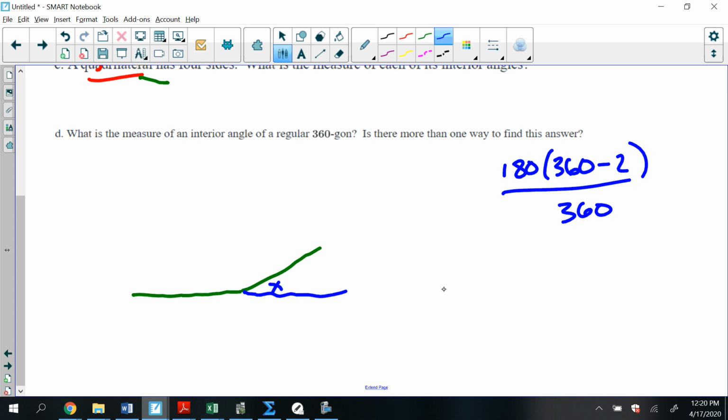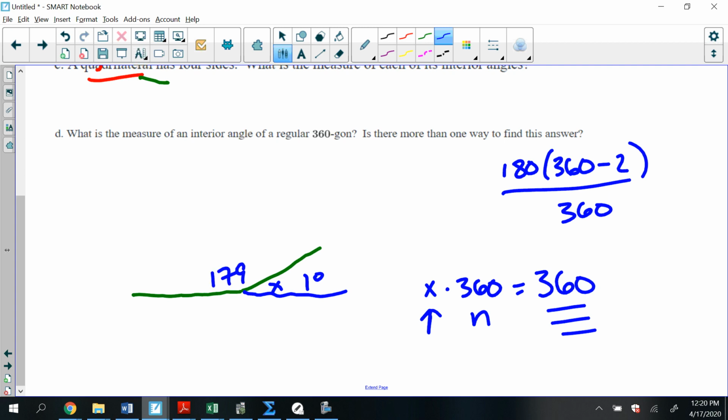For the 360-gon, I know how many sides, so x times 360 equals 360. The sum of the exteriors has to equal 360. I'm going to take how big the angle is times the number of sides. That was our equation from the sum of the exteriors. We'll just divide by 360, x equals 1. The exterior would be 1 degree. That makes this 179 degrees. And if you calculate that in your calculator, it gets you the same thing.